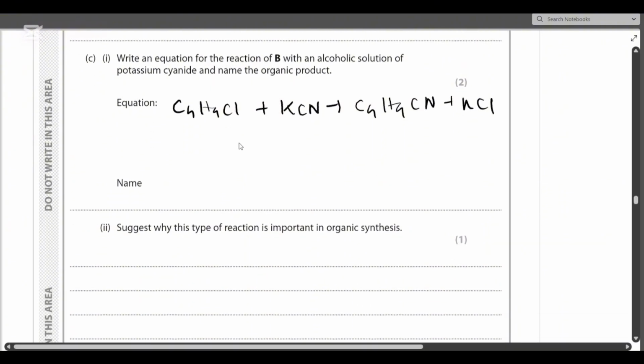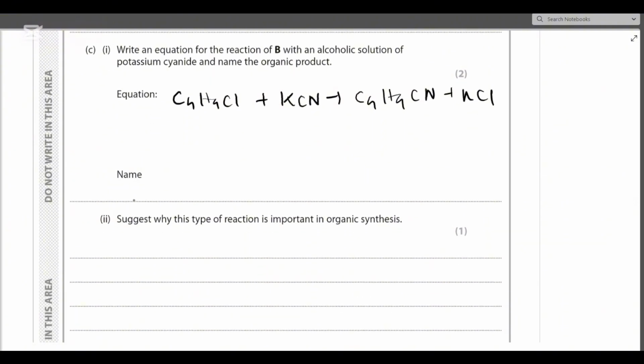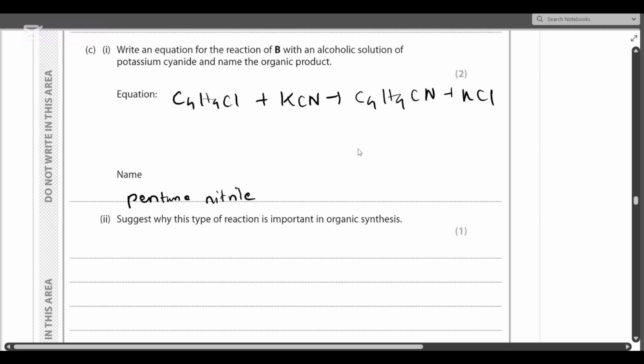And obviously the name of the product is going to be, since there are 5 carbons to be exact, including the carbon from the nitrile, pentanenitrile, considering there's the cyanide group present in this compound.